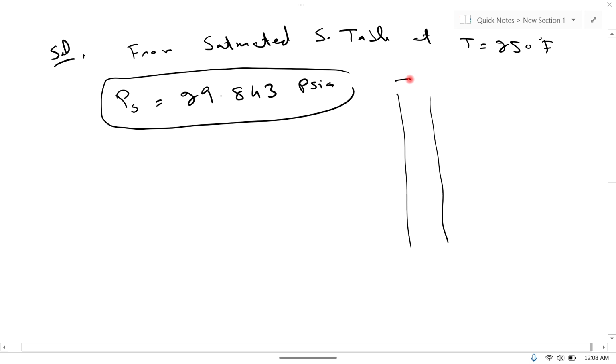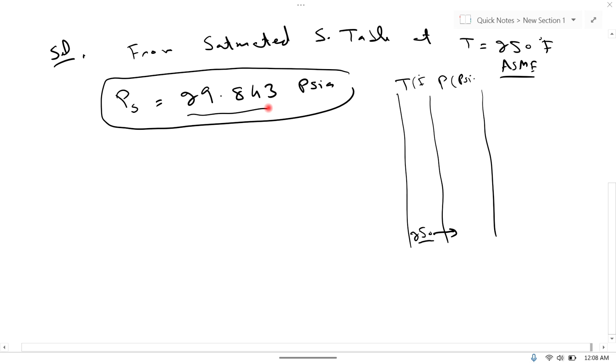This is temperature in degrees Fahrenheit, and here pressure in psia. So go to temperature 250 and check the pressure in front of 250. Here in the ASME table, which is available with me, I can share it with you if you need it. So this pressure will be 29.843 psia. This is the first answer.